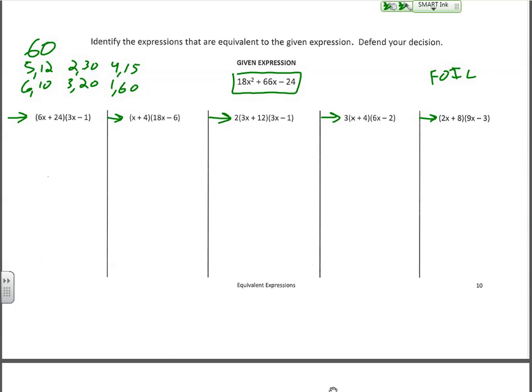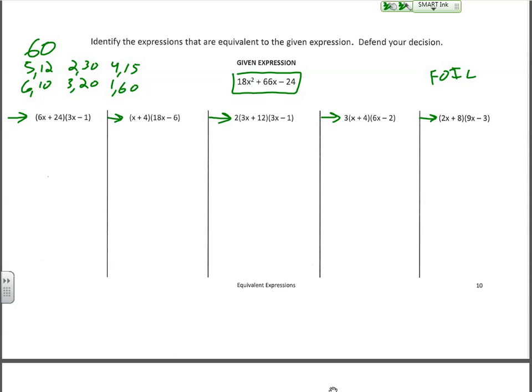Or, as we've done before, you can pick a value for x, plug it into the original expression, and whatever value you get, plug that same x into each of our ending expressions, and you should get the same answer as you got with the original if the expressions are equivalent. If you get something else, it means they are not equivalent.